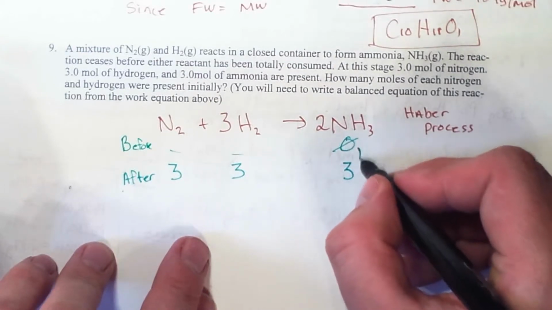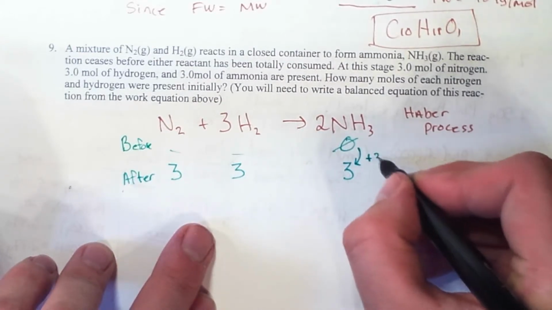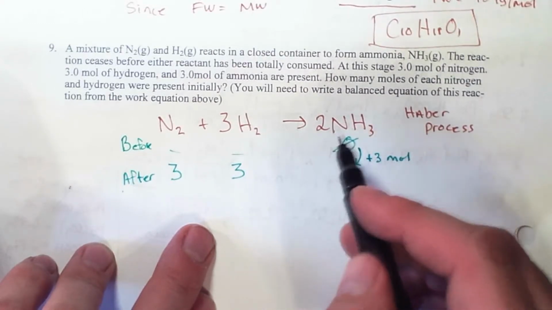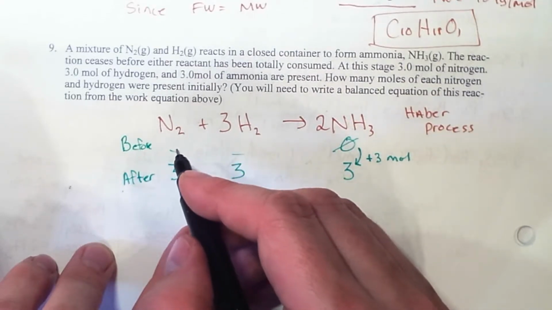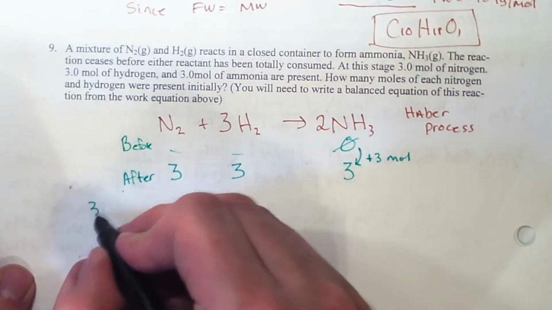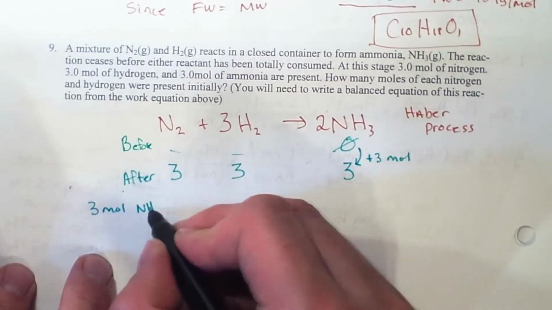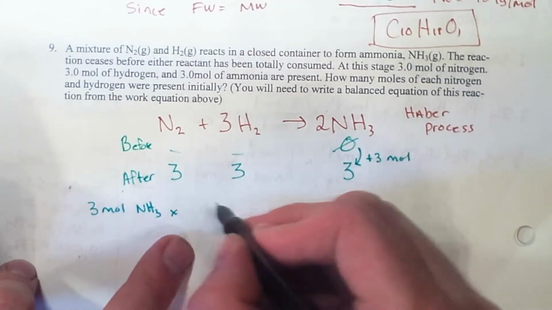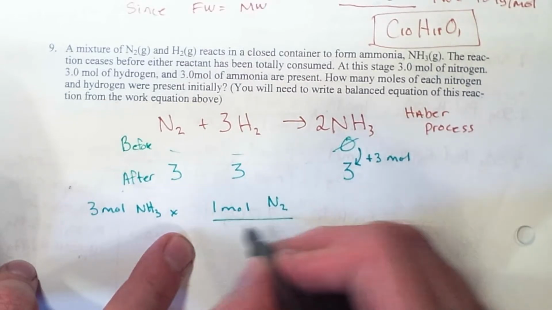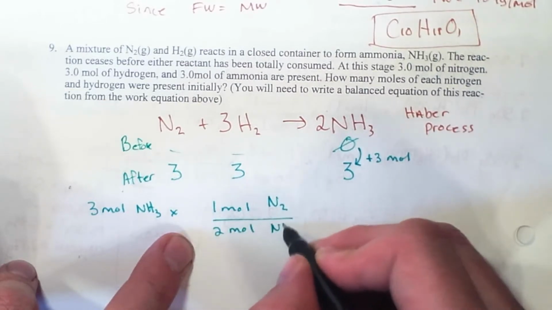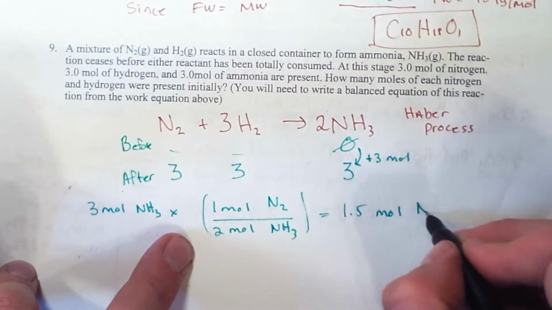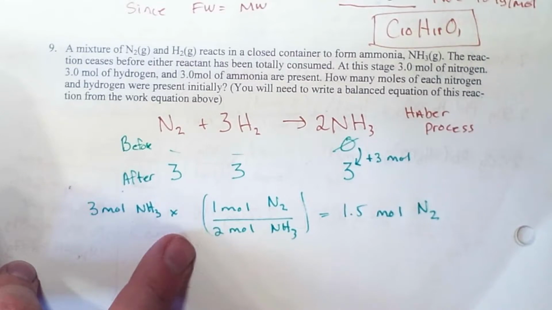If we have an increase of 3 moles of ammonia, then we should be able to figure out what has happened. So, if I have 3 moles of ammonia, based on my balanced equation, 1 mole of nitrogen for every 2 moles of ammonia, I must have reacted 1.5 moles of nitrogen.